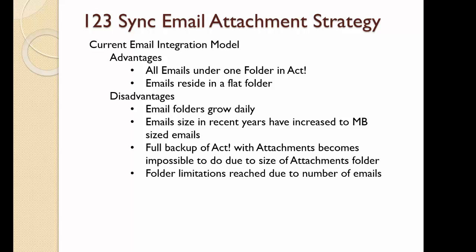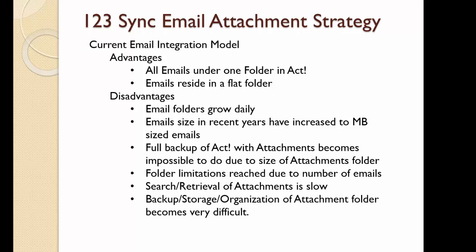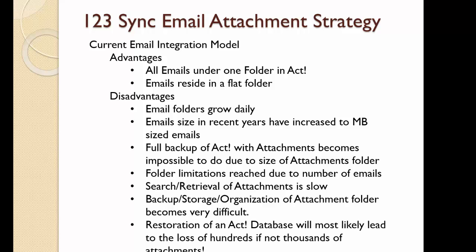Or even to write something that large. And you also have folder limitations to the number of files you can store under one folder. The retrieval and the search of the attachment is slow. And if you want to back up attachments or organize the attachments, it's really difficult.